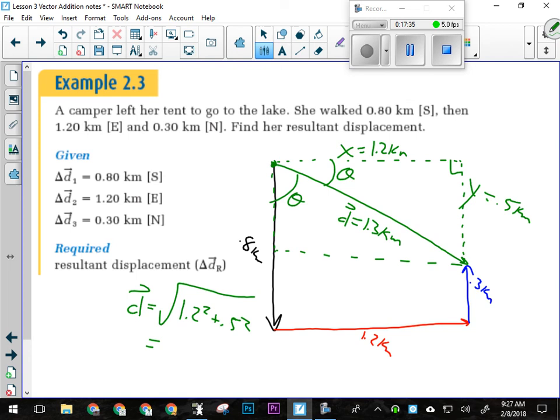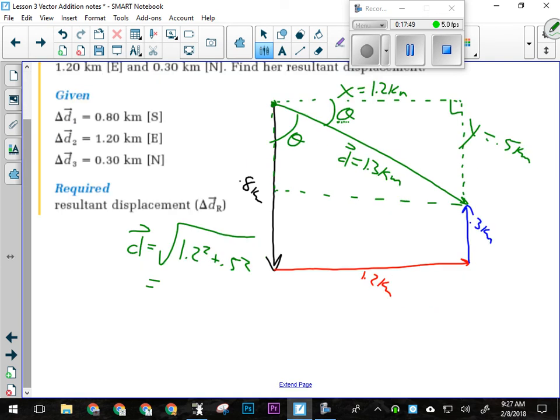Now I've got to find out what the direction is. Since I originally drew the triangle this way, I'm going to find this theta right here. All right, so that's going to mean the 0.5 is my opposite side, the 1.2 is my adjacent side, and I'm going to use tan. Okay, so the tan of theta equals the opposite side over the adjacent side.